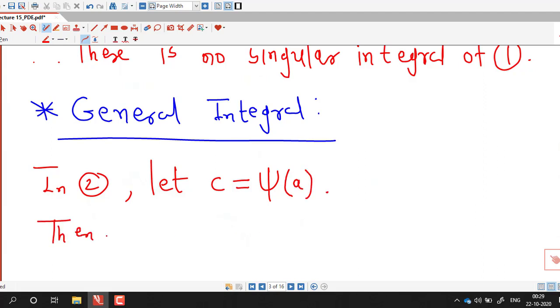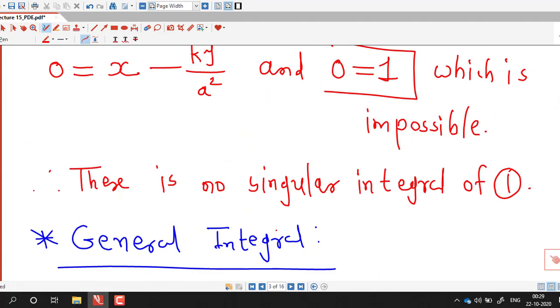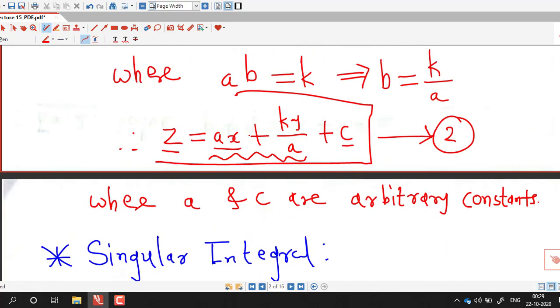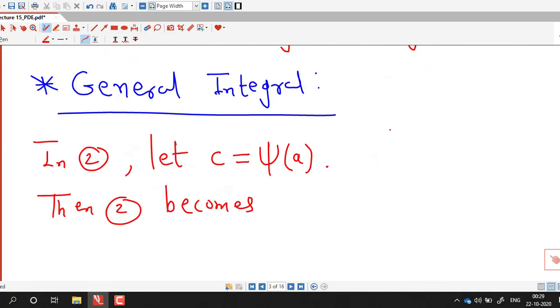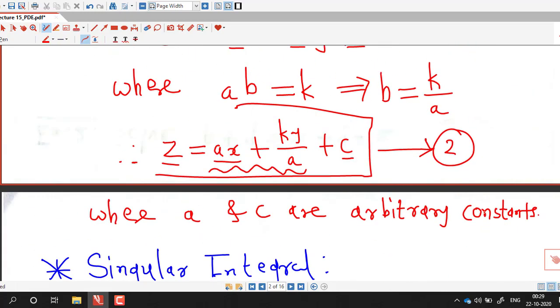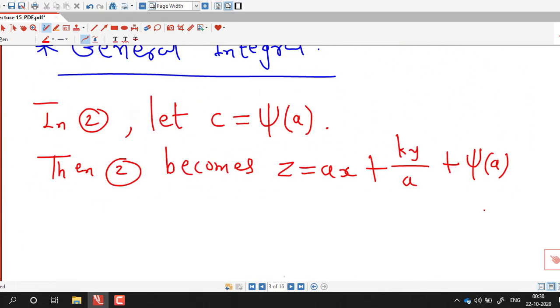Then 2 becomes z equal to ax plus ky by a plus psi of a, where c is replaced by a function of a, and suppose we give it number 3.